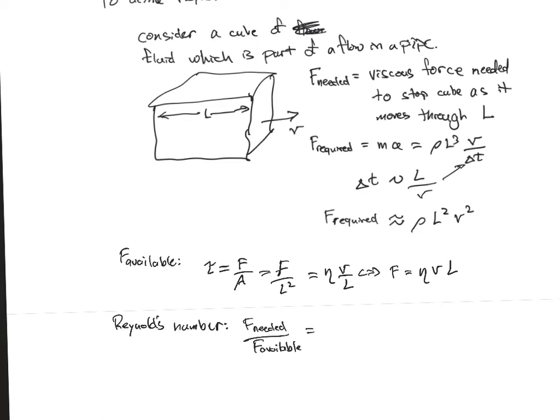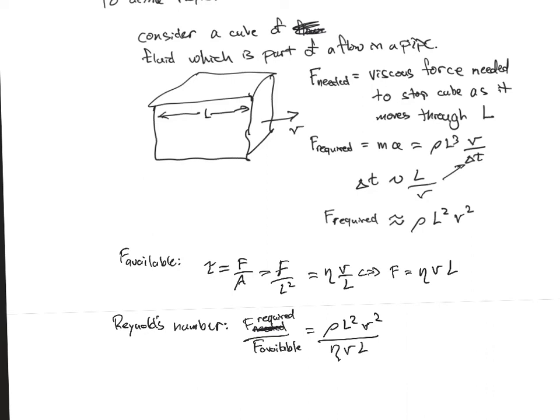So if we plug these in, I guess I should have said F required, to keep with the same terminology that I used before. F required over F available, so that'd be rho L squared V squared, that's the F required to stop the cube in a distance L, roughly at least, divided by eta V L.